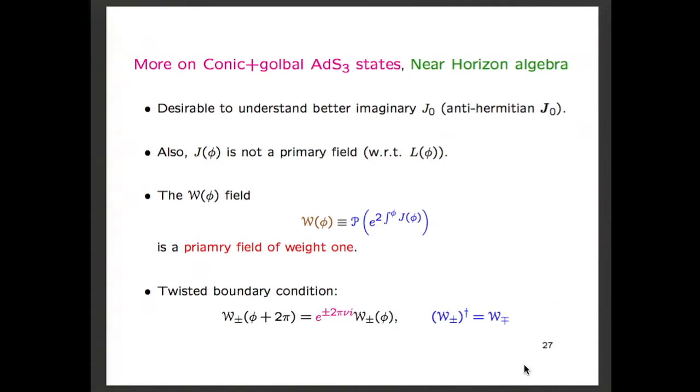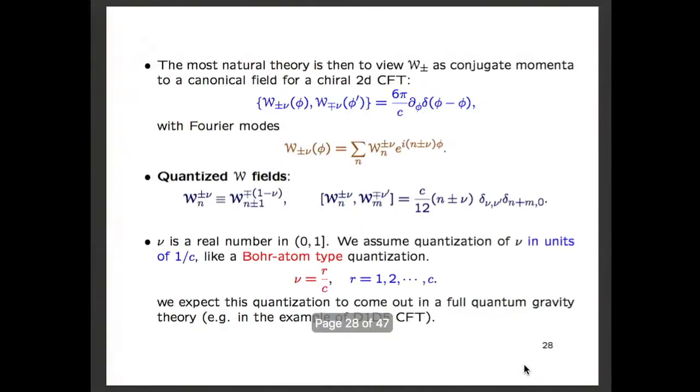In particular, note that this J was not a primary field with respect to these Virasoro generators L. However, you can construct a primary field, which I've called W. This primary field has weight 1, as one can explicitly show from the transformation of this J. But the point is that this field is not periodic. It has a twisted periodic behavior.